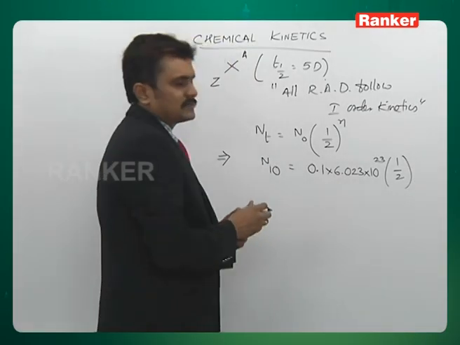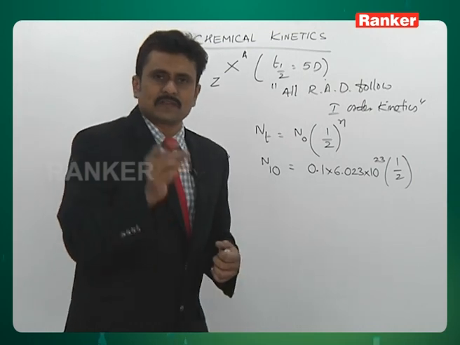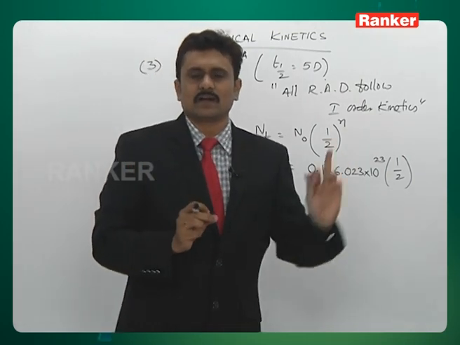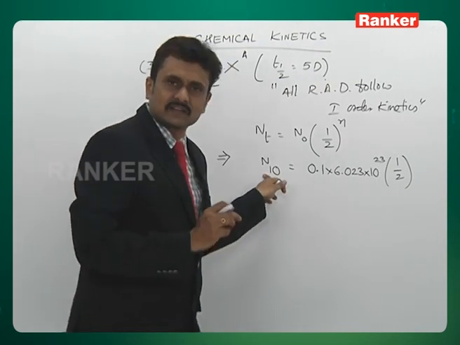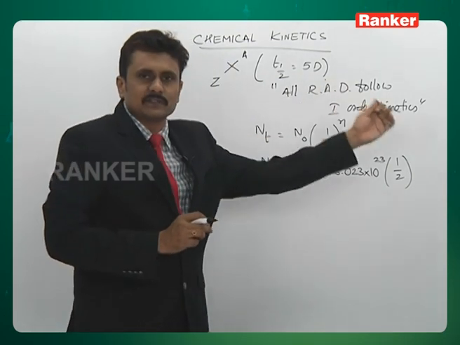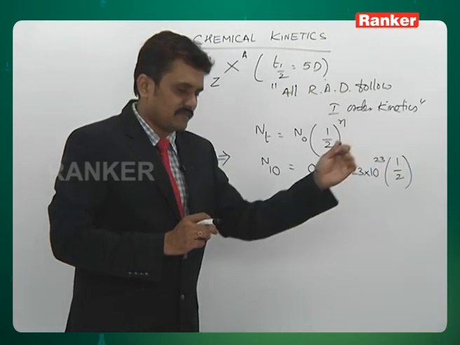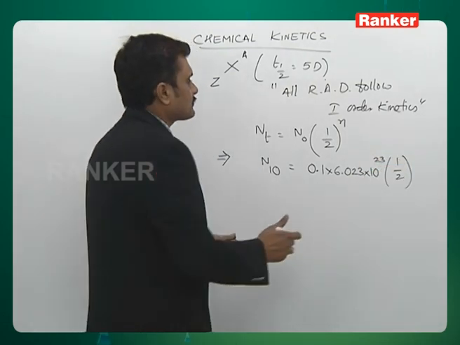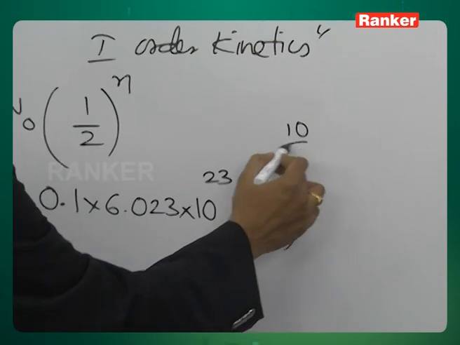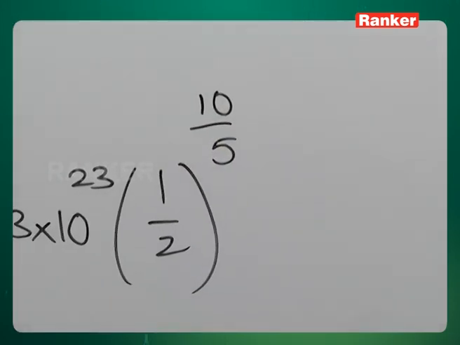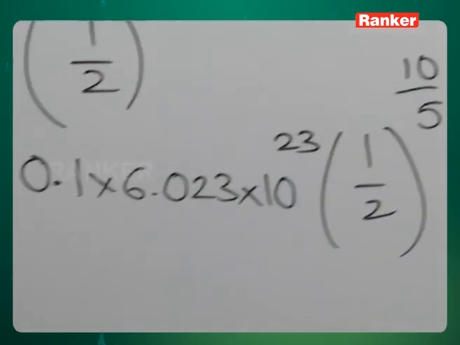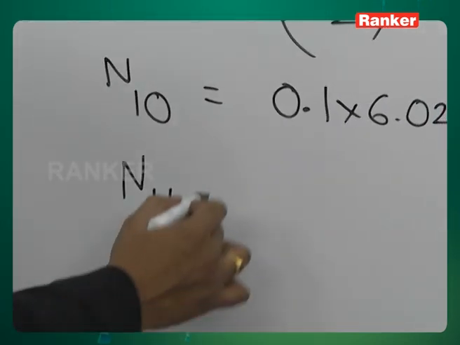Now you can see that every 5 days is one half-life, and here we are talking about the situation after 10 days. If 5 days represents one half-life, after 10 days it will become how many half-lives? 2 half-lives, right?